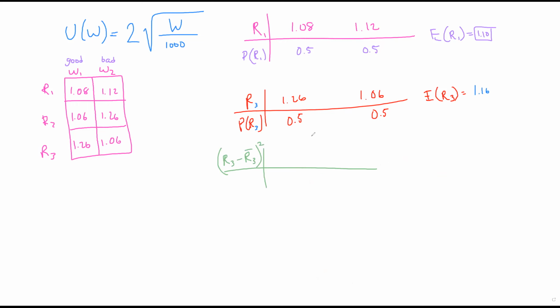squared. So this becomes 1.26 minus 1.16 squared, plus 1.06 minus 1.16 squared, with the probabilities.